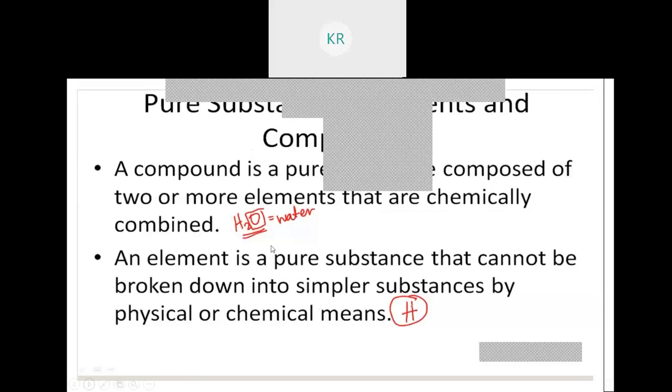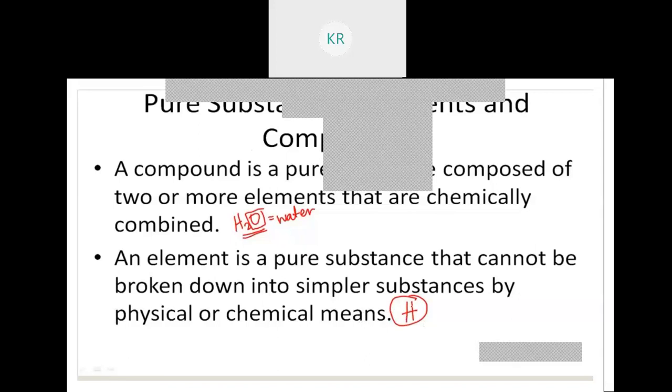An element is a pure substance that cannot be broken down into simpler substances because it is made up of only one kind of atom. Here you can see the example H, which stands for hydrogen. So this is about pure substance and its types, which are elements and compounds.